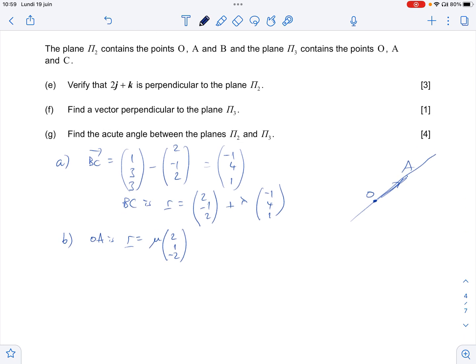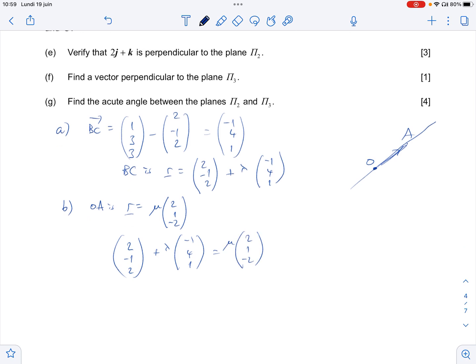It says determine whether or not those two intersect. So to find out whether they intersect, we have to find 2, negative 1, 2 plus lambda lots of negative 1, 4, 1 equal to mu lots of 2, 1, negative 2. So let's take the top two. We'll get 2 subtract lambda equals 2 mu. That means that lambda equals 2 mu subtract 2.